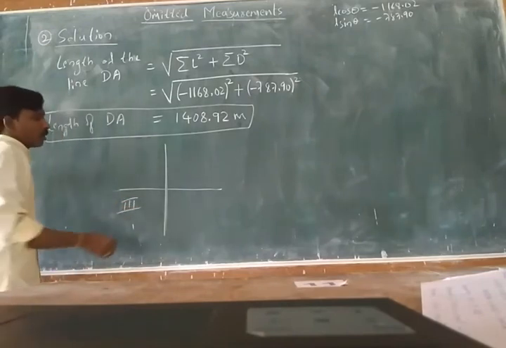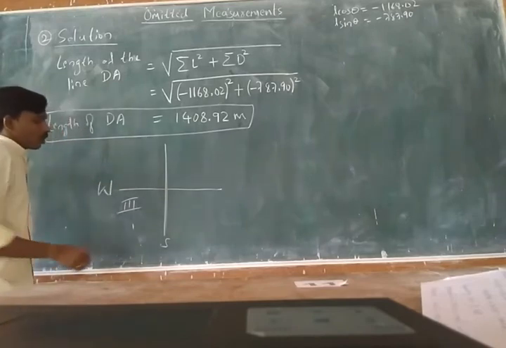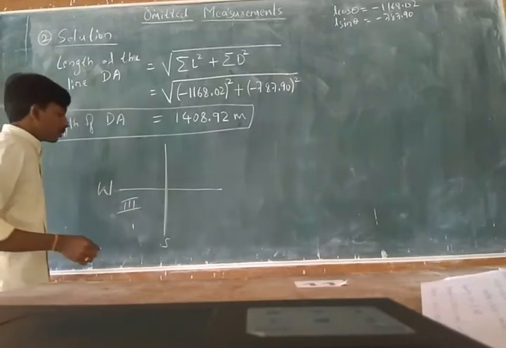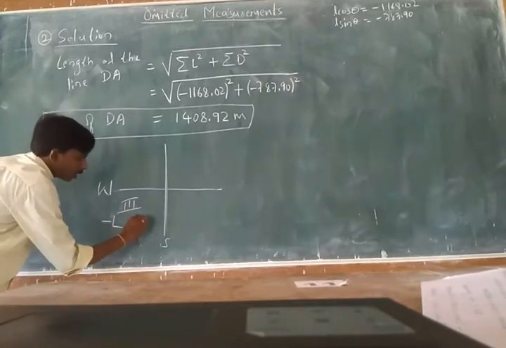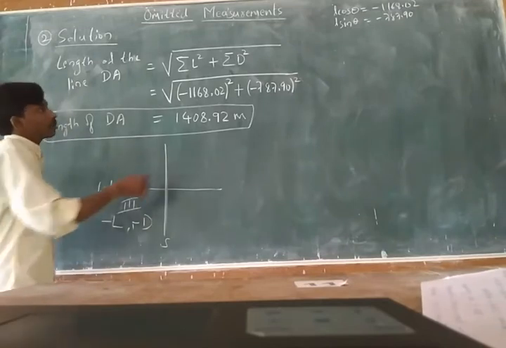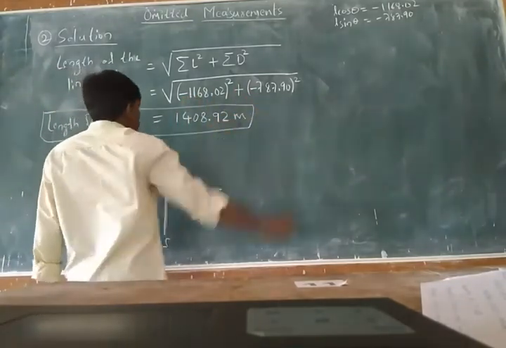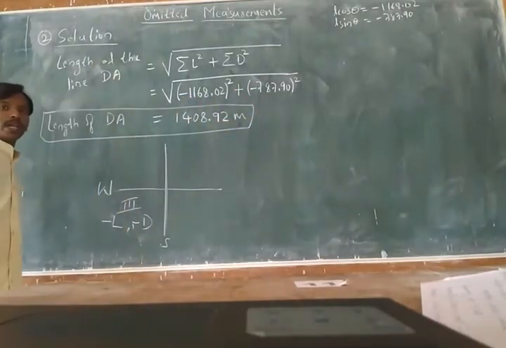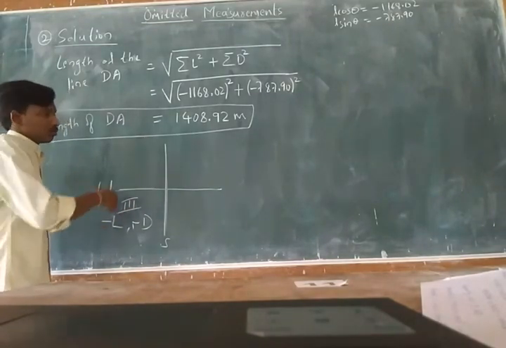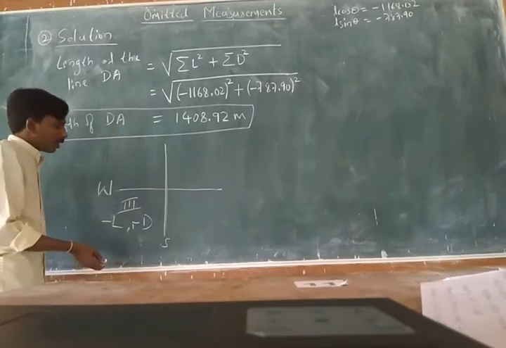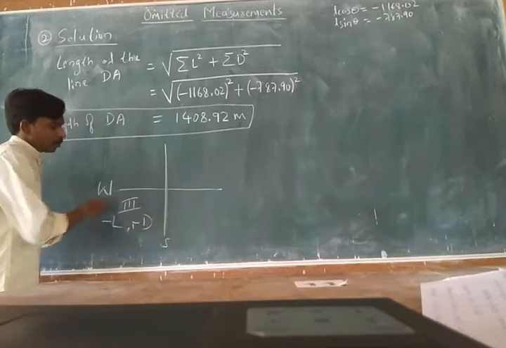So this is the third quadrant, that is southwest. For the southwest quadrant we have negative latitude and negative departure. Here the latitude and departure of DA are both negative. So we can come to a conclusion that the bearing we are going to calculate will lie in the third quadrant.